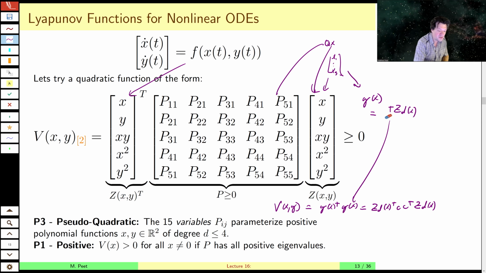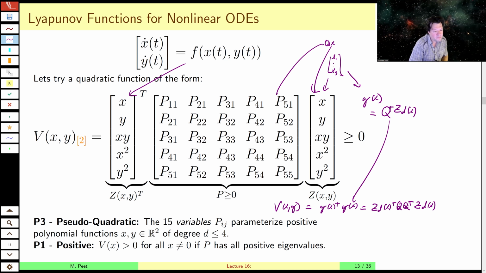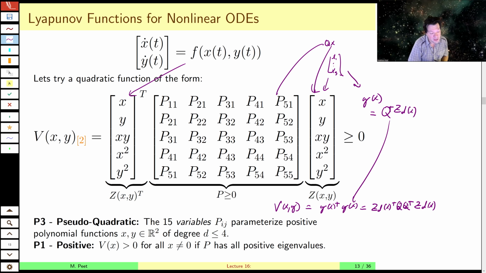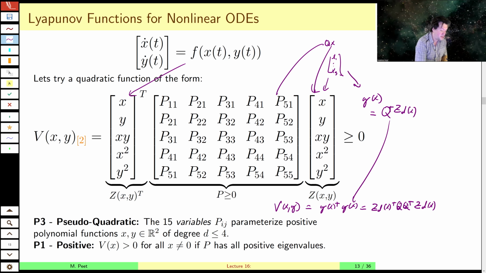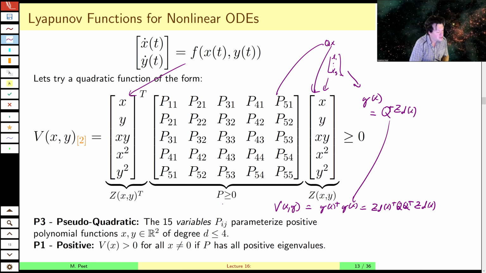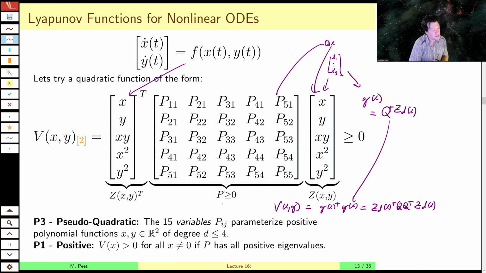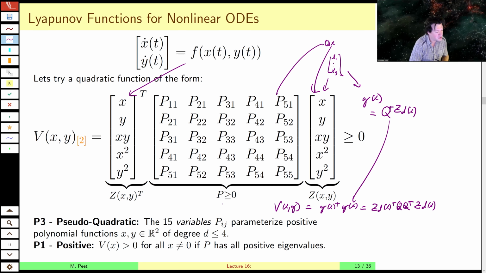And here let's use this matrix Q. This is a sufficient condition, at least in this case, because matrices have square roots, for positivity of this class of Lyapunov functions, and it makes sense that our Lyapunov functions would look like this.